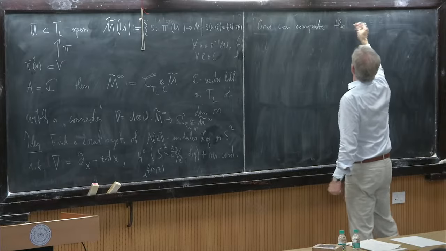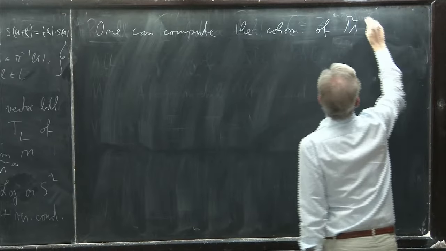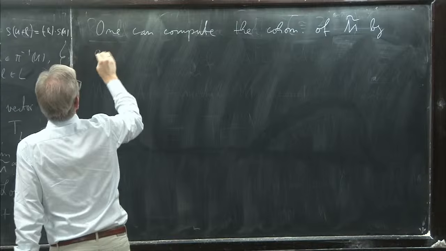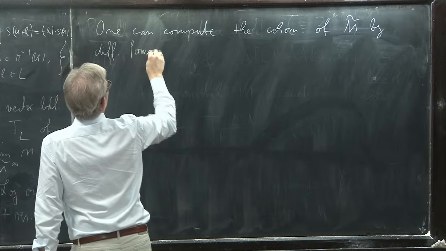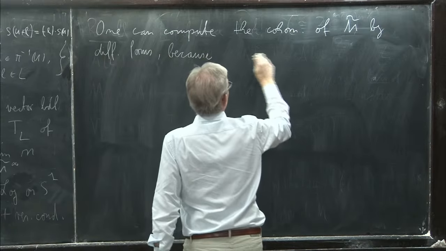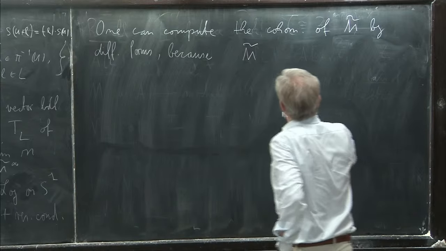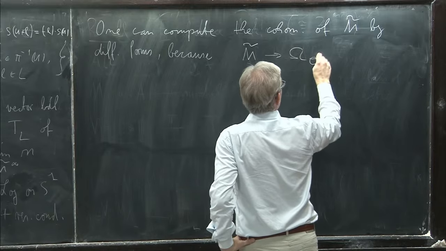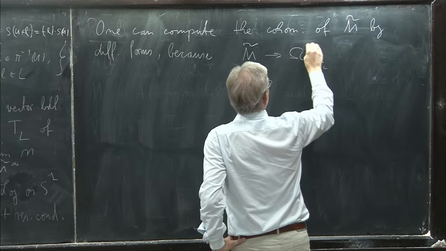the cohomology of this local system by differential forms, or even currents, because if you simply write down the following complex, which you do also in the analysis of manifolds, you go to the C infinity differential forms on the torus and take them all.